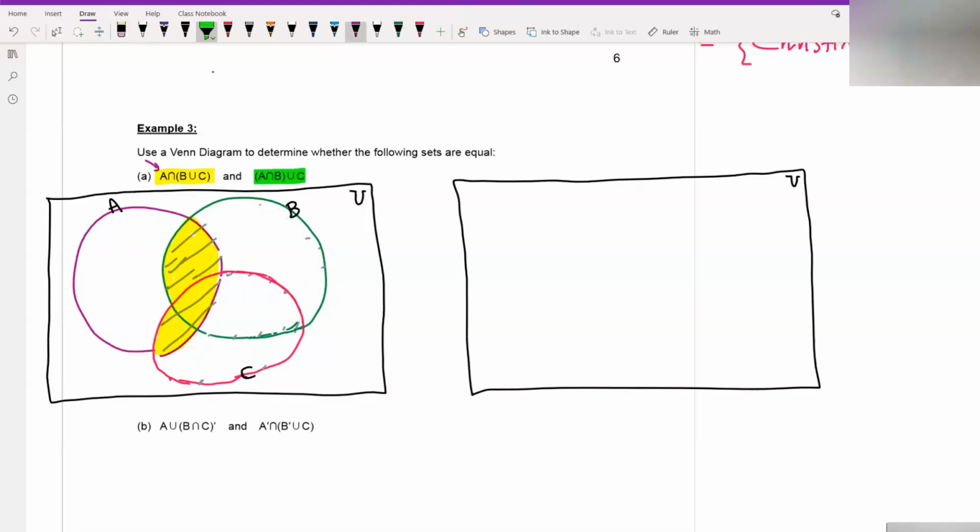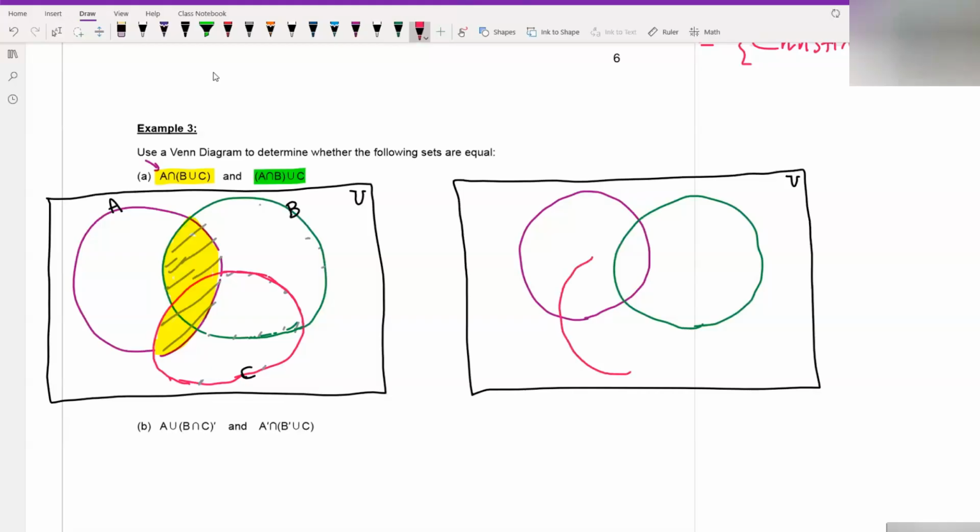Again, we have three sets. But here we have to find the intersection between A and B first, because that is in parentheses.